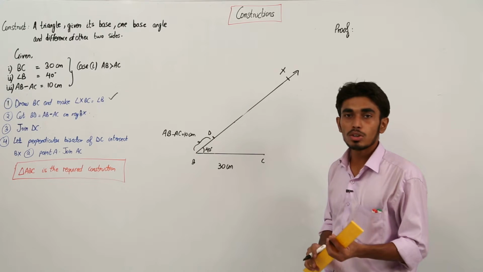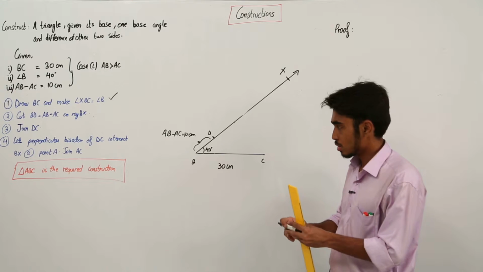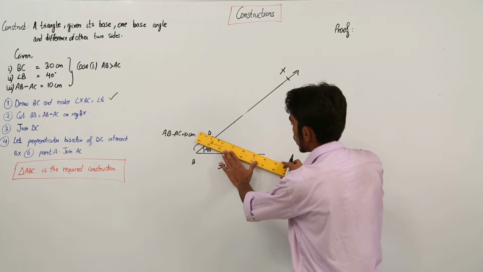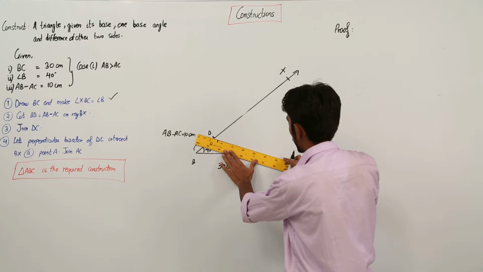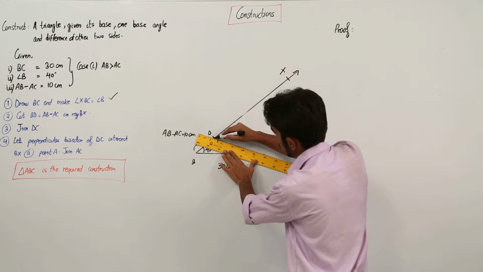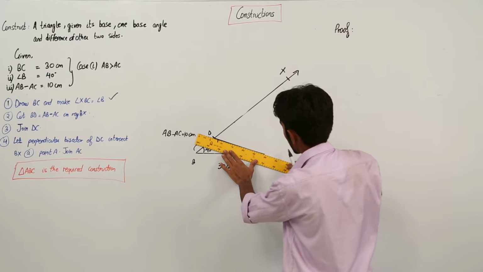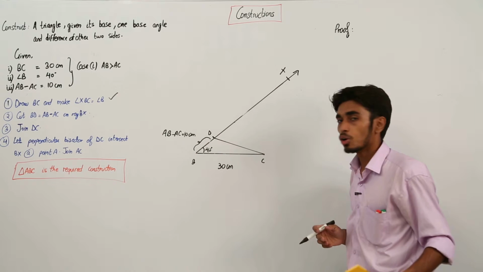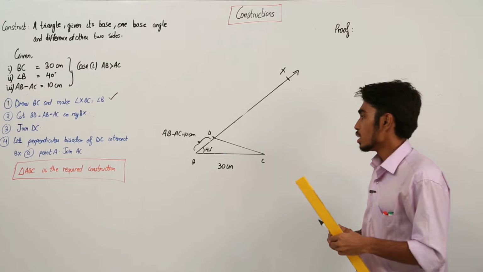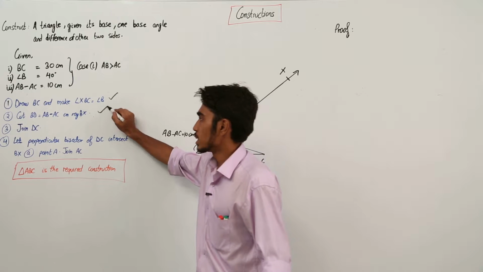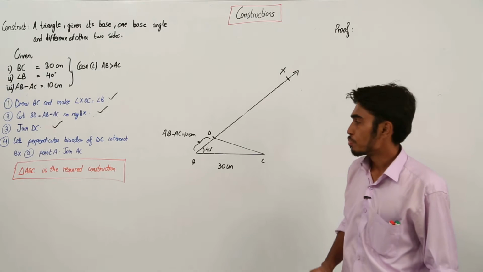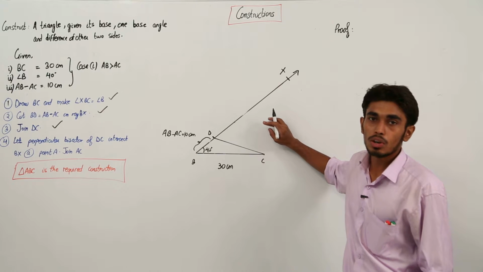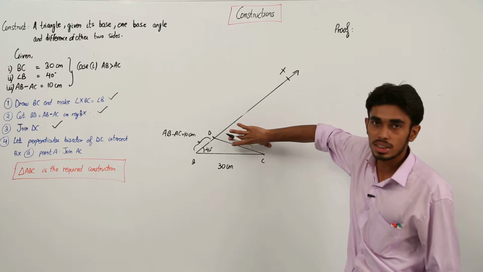Now the next step is we need to join D and C, right? So I am going to join D and C. Let's see what we can do. So we have joined D and C to obtain line segment DC, right? So the second step is done, the third step is done. Now the fourth step: we need to draw the perpendicular bisector of DC, right?